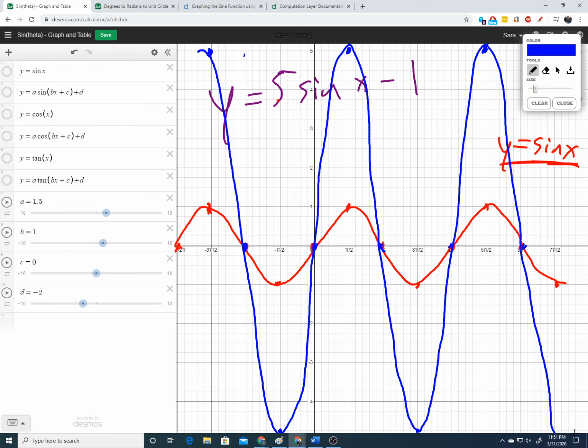And I see something that's just the same function but taller. It got stretched vertically. Now I should type in, this is my function y equals 5 sine of x in the blue function.